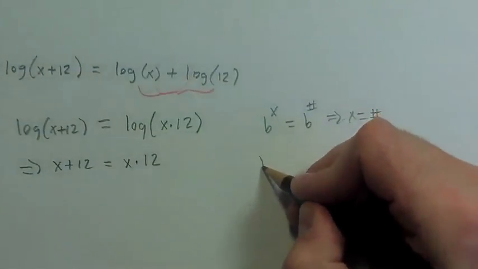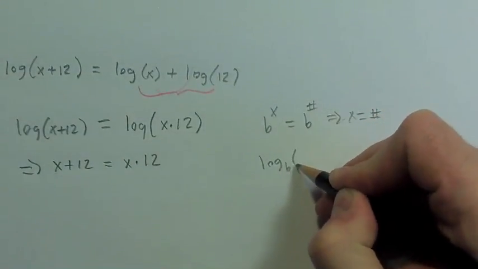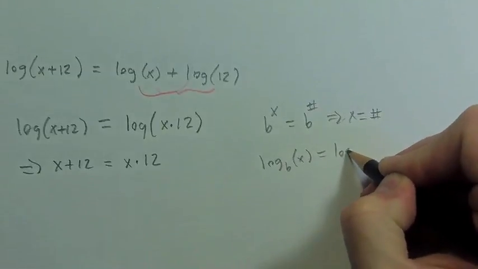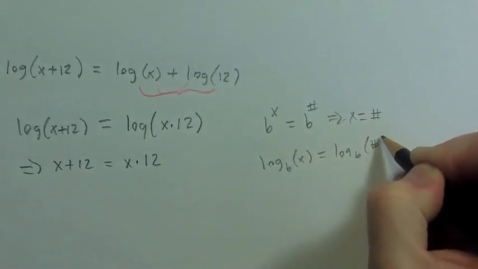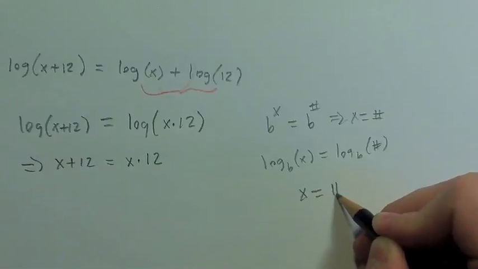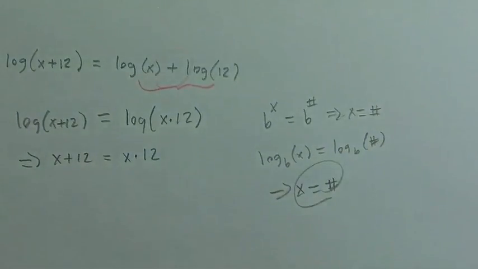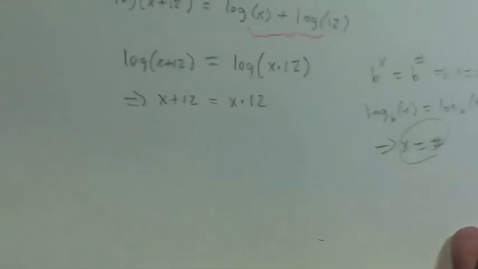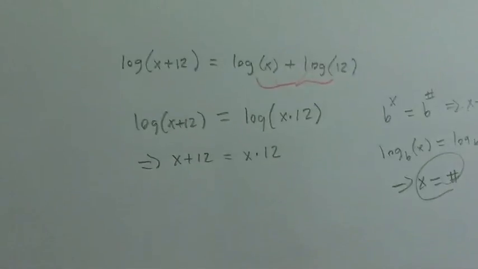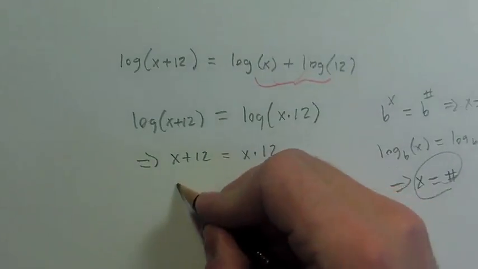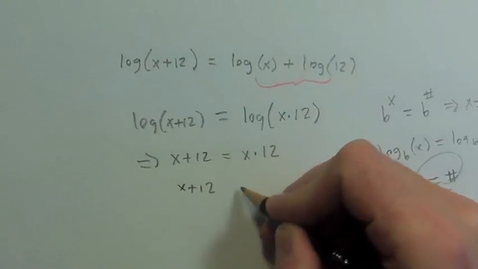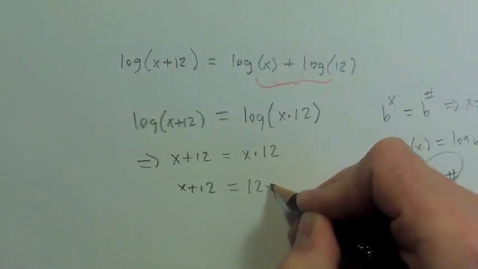We have the same thing here. If I have log base b of x is equal to log base b of something else, those things on the inside have to be equal for that to work. So if two logs are equal to each other and they have the same base, the insides must be equal. So what we have here is that x plus 12 is equal to 12x.